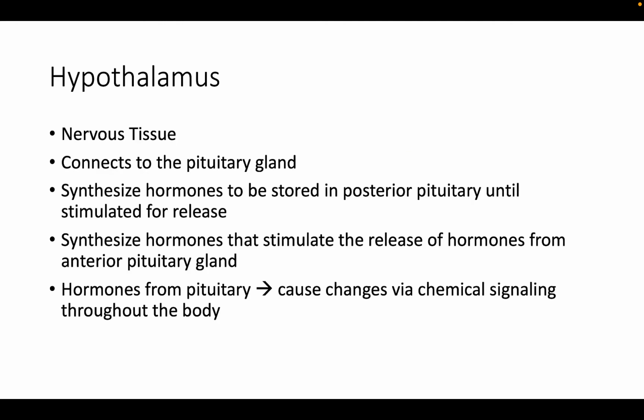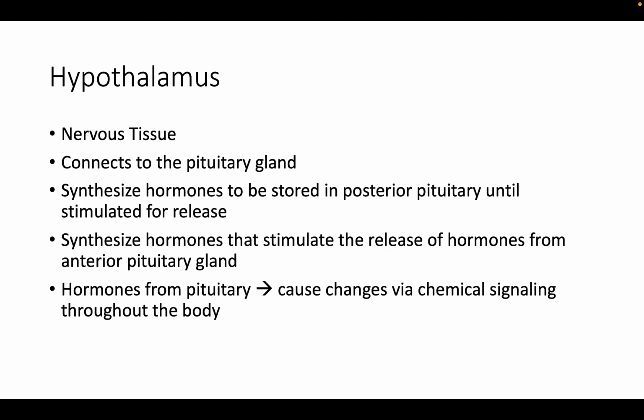So starting off with the hypothalamus, this is nervous tissue. It connects to the pituitary gland. The hypothalamus itself synthesizes a couple different hormones. Some of those are stored in the posterior pituitary until the hypothalamus stimulates that gland to release those hormones.